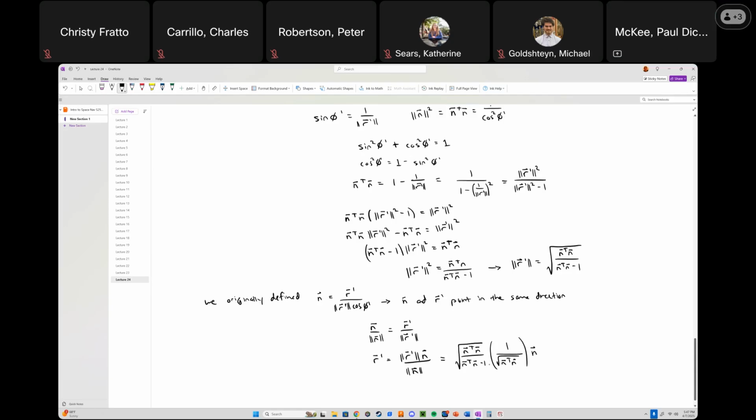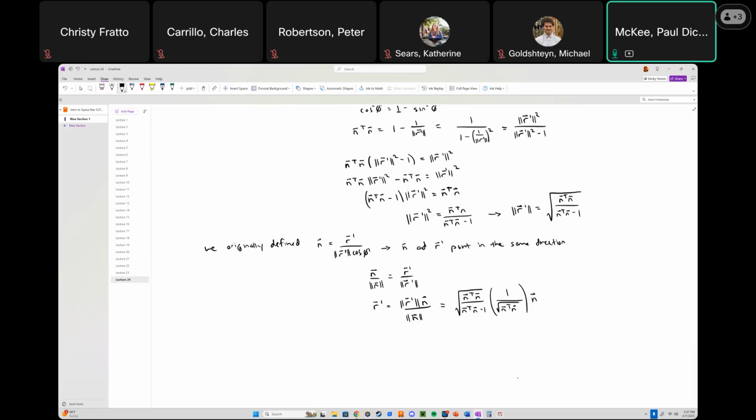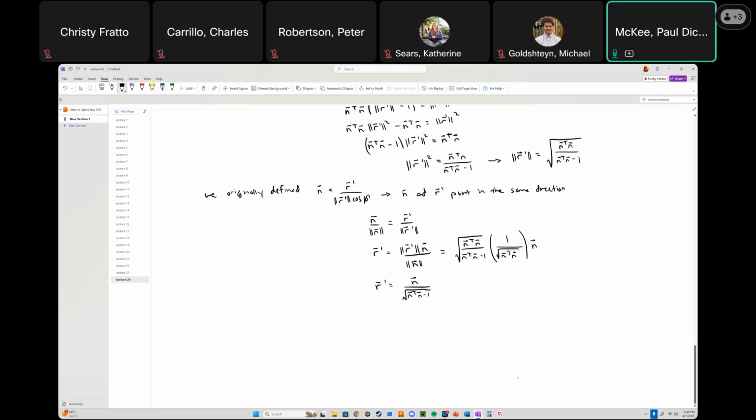Which, if we do a little bit of algebraic manipulation, we'll find that r prime, which is what we're after, is n over square root n transpose n minus 1. And that's it.